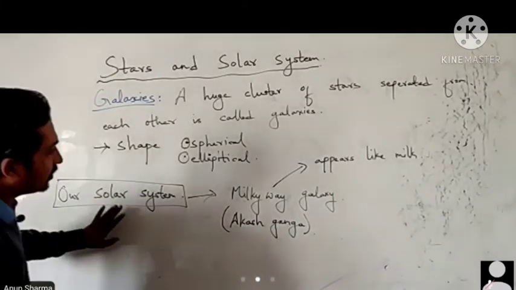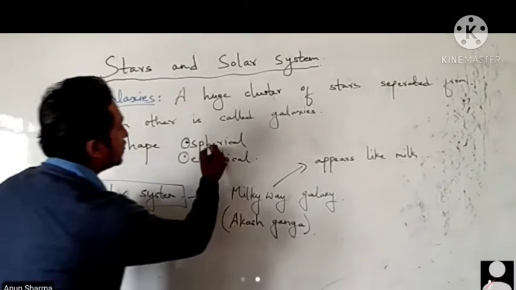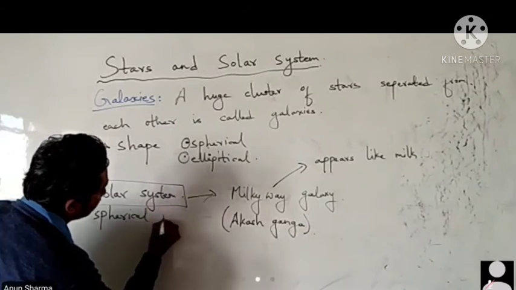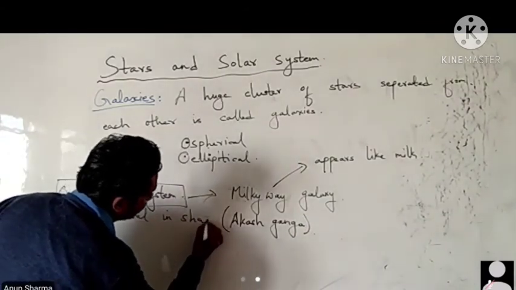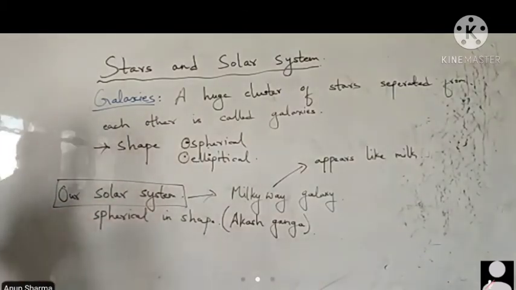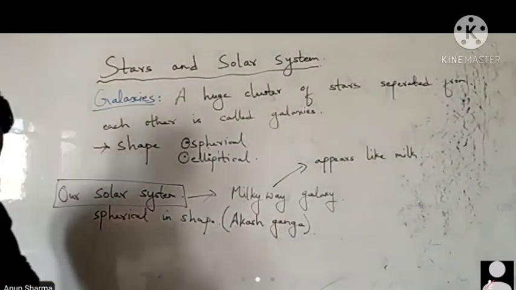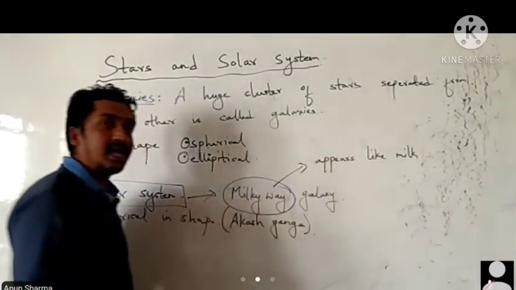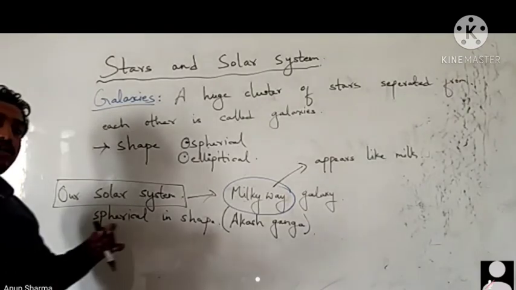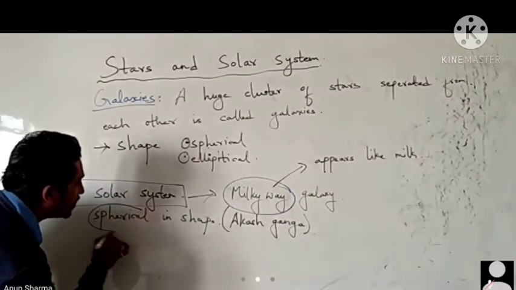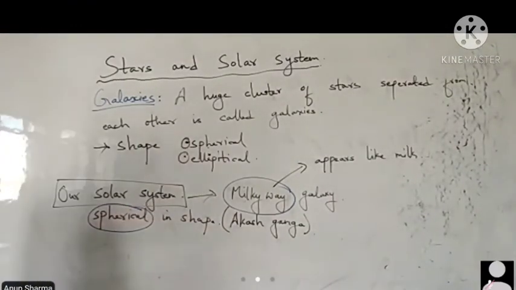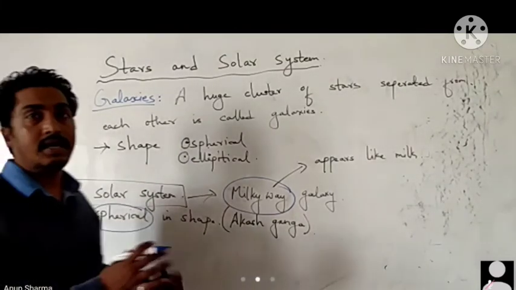Our galaxy is spherical in shape. If anyone asks you the name of our galaxy, you can simply answer Milky Way galaxy, and its shape is spherical. So this was all about galaxies.